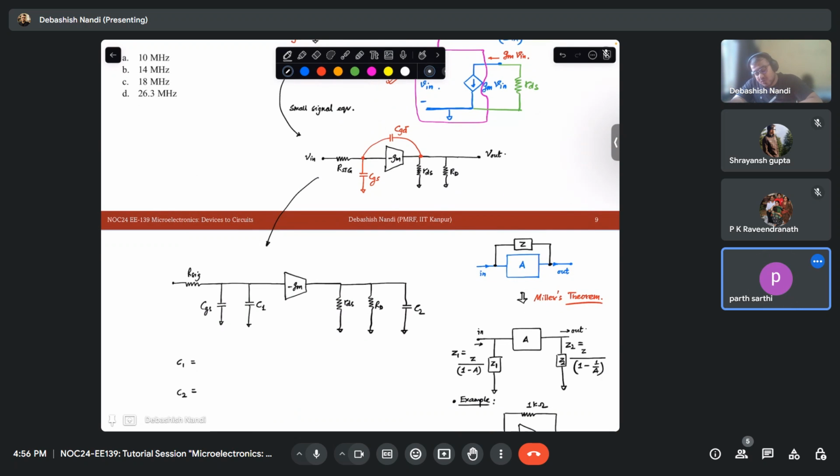For that, you need to know the gain. You need to know the gain of this block. What is the gain of this block? Because that is where my input and output nodes are, right? What is the gain of this block?